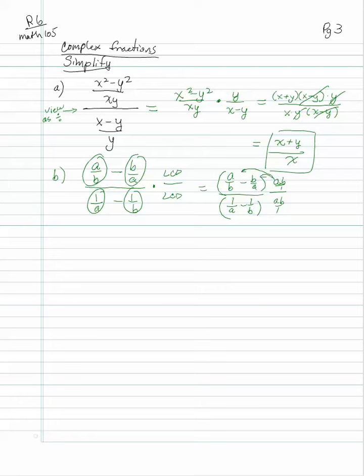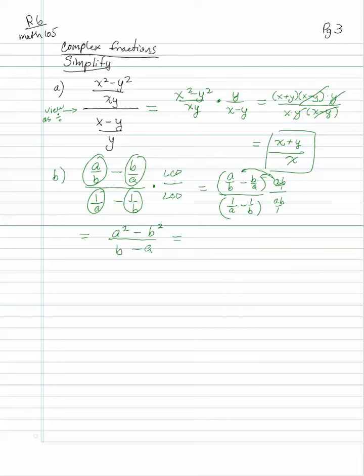So when we distribute it, we get a squared b over b, the b's cancel, and we get a squared. For the second term, we get ab squared over a, the a's cancel, so you get b squared. And then on the bottom, we distribute it, we get ab over a, the a's cancel, so we get b. Distribute the next term, we get ab over b, b's cancel, so you get a.